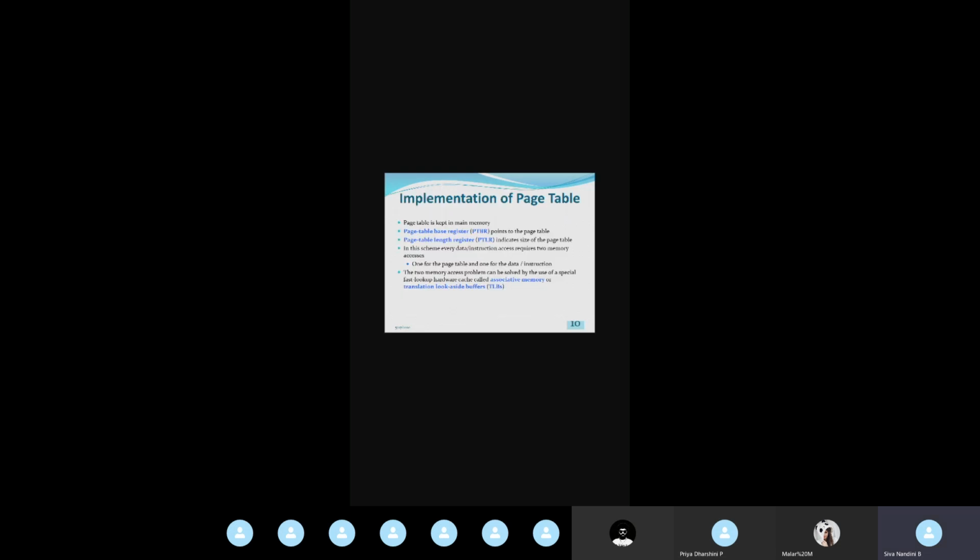We saw about the page table base register, page table length register, and to avoid double memory access, we have used the translation look aside buffer or associative memory. It is also known as TLB. And then we saw about the implementation of page table using this TLB, the architecture.